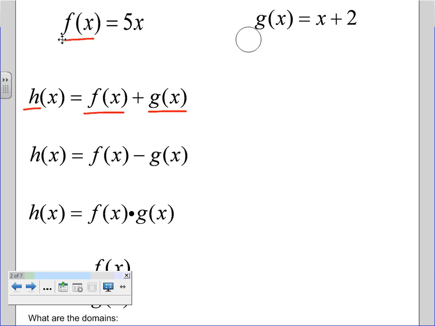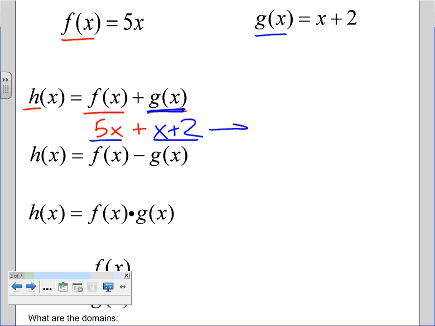I'm going to use a different color here for g. Let's use blue. We can simply say, all right, 5x plus, and then g of x is x plus 2. Those are the two items put together.